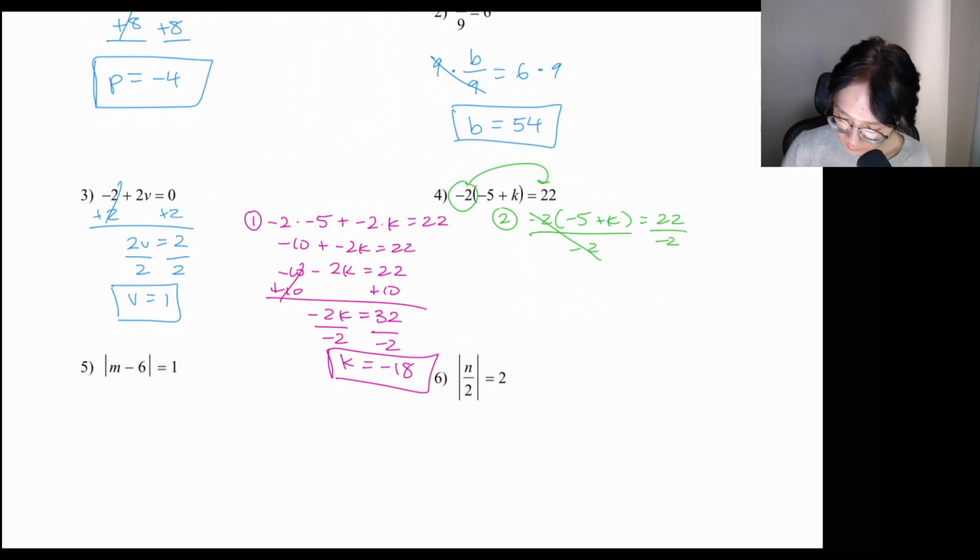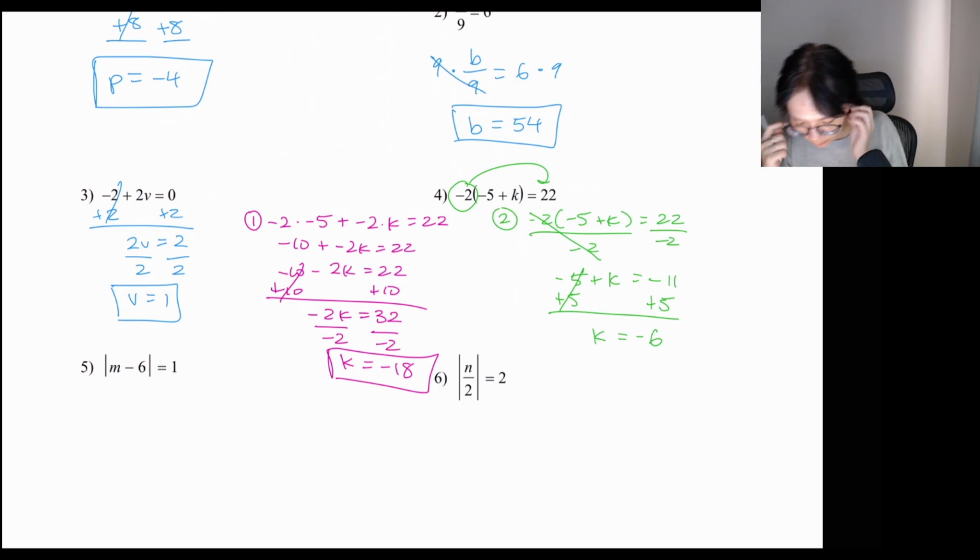I think this is still wrong somewhere. Negative 5 plus k equals negative 11. Plus 5, plus 5. K is equal to negative 6. This isn't right. I went wrong somewhere here.